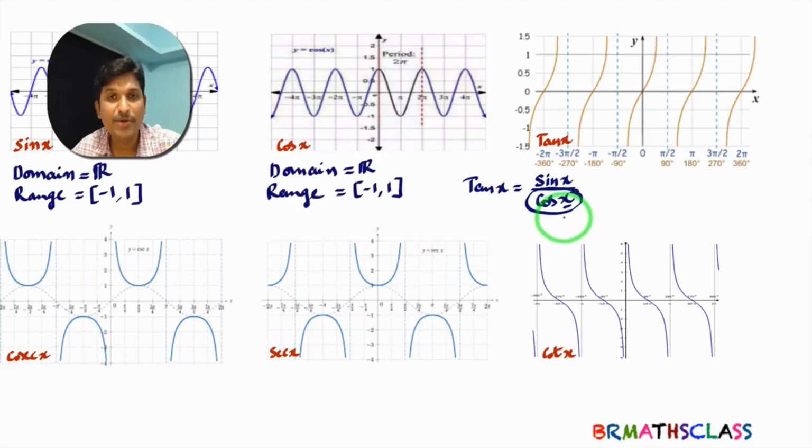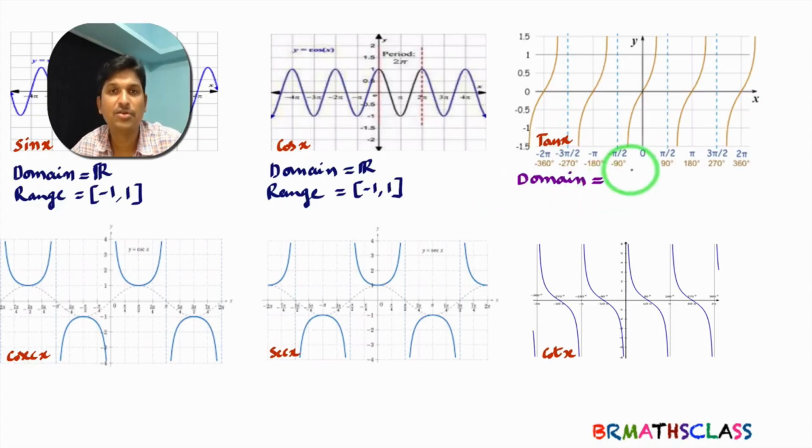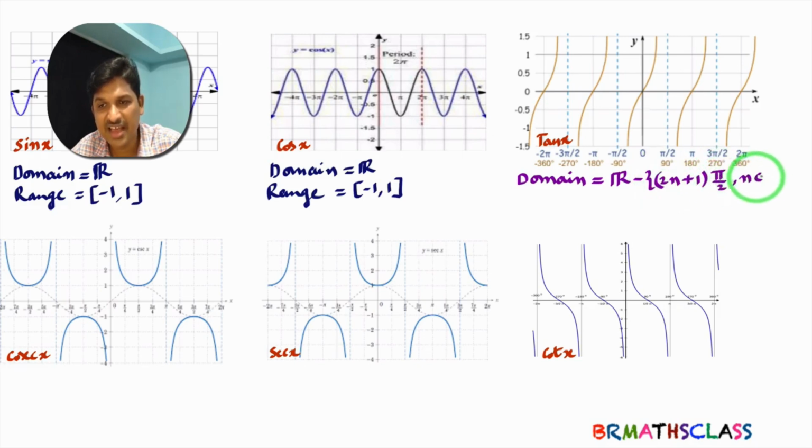So what is the domain of the tan function? The domain of the tan function is all real numbers except odd multiples of pi by 2, that is (2n plus 1) into pi by 2. Here n is an integer.